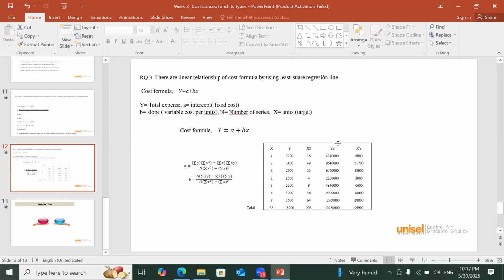Actually, no need for y square, because y square is needed when you calculate the correlation, the R value. In the exam, I try to avoid the correlation or R square, R value, because finding the R value involves a very big amount, so no need. In this case, I avoid R value, R square.